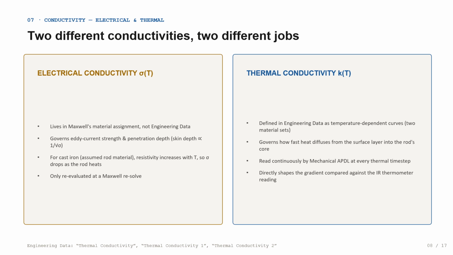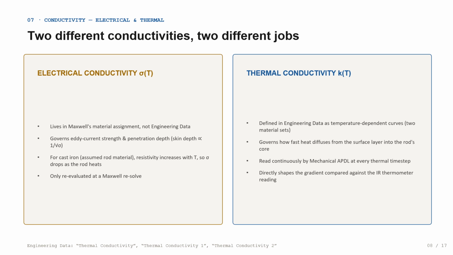Thermal conductivity, K of T, is a completely different animal. It is defined in engineering data as a temperature-dependent curve. This project actually stores two separate such data sets. And it governs how quickly heat generated near the surface diffuses inward toward the rod's core.